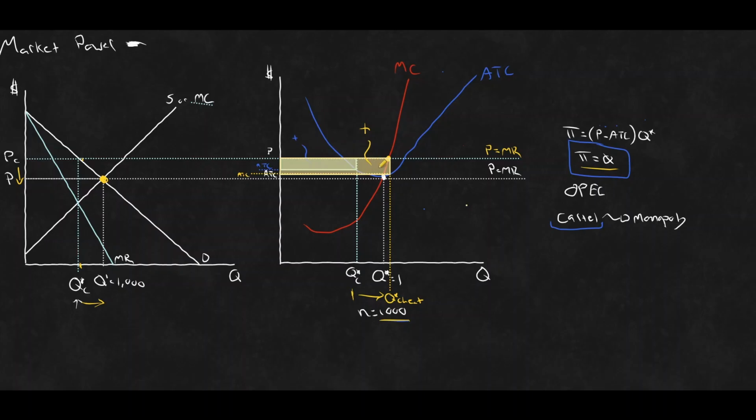As more and more of the firms do it, the total quantity supplied to the marketplace begins to increase, and we collapse from this market power outcome back to our competitive equilibrium and back to zero profit. Ultimately, this is our prisoner's dilemma, if we wanted to model it with a matrix, just expressed in this storytelling way, looking at the graph.